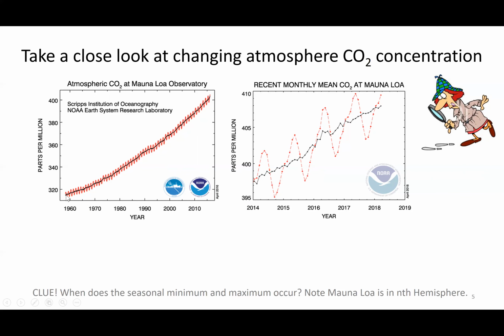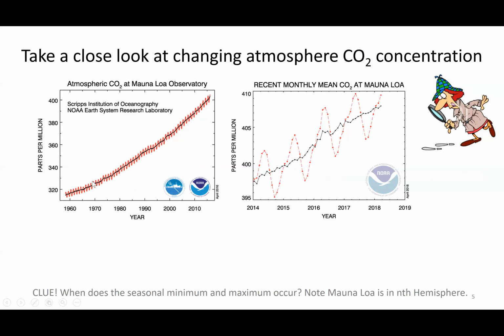When they first started these measurements, the amount of CO2 in the atmosphere was of the order of 315 parts per million. And that has increased now to this point. This diagram is a little old, but we're now up at 415 parts per million as of this year. And so we can see this trend.